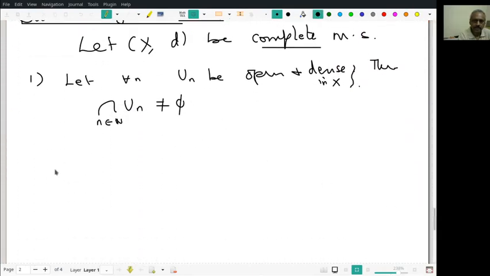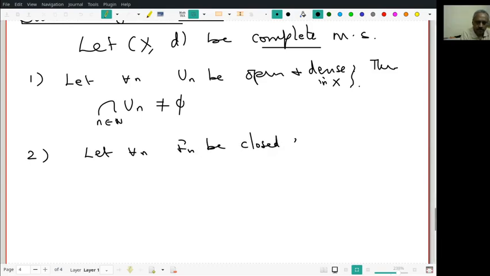And the second formulation is an equivalent formulation. For each n, let F_n be a closed set with empty interior.